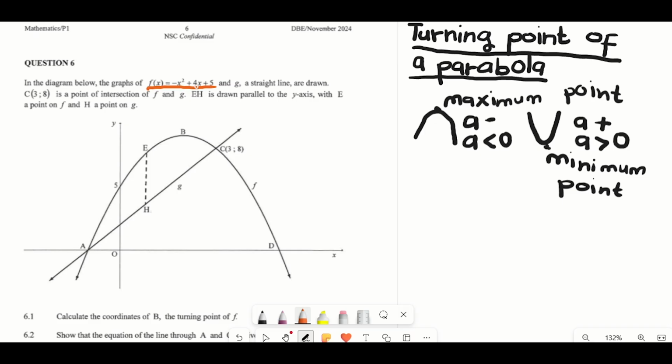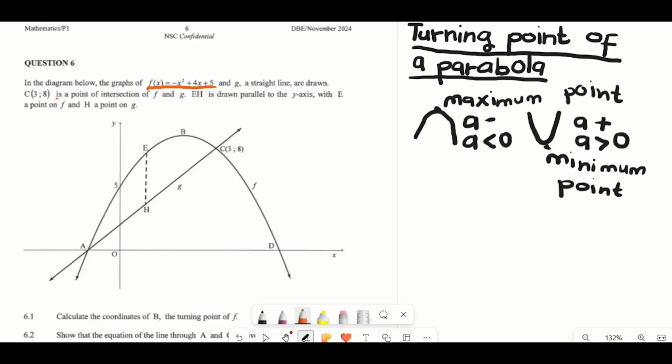Whenever your variable's highest exponent is 2, that's how you know the graph will be a parabola. And you can see our A here is negative. When it's negative, your graph has a sad face. It's looking down. And already you can tell by looking at the graph that point B is your maximum point, or your turning point.